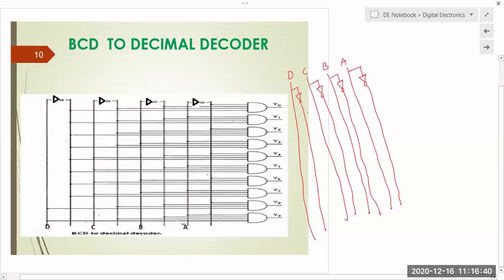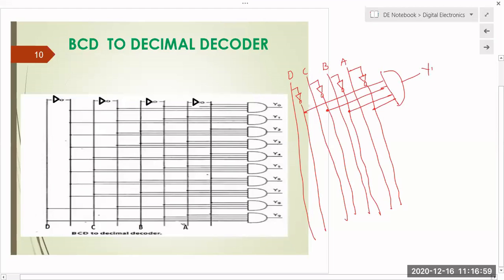So now I need D prime, C prime, B prime, and A prime. If I connect these four to the AND gate, what is the output?